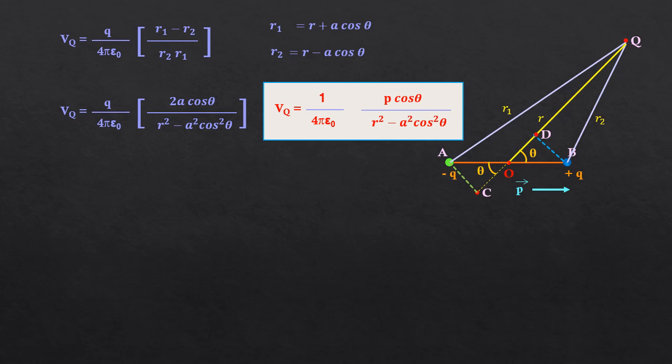Now let's take the two special cases, that is axial line and equatorial line. First we will consider a point Q lying on the axial line of the dipole. When it is the axial line, the point Q lies on the axis, therefore the angle theta becomes 0. So when you substitute theta equal to 0 in the expression VQ equal to 1 by 4 pi epsilon naught, P cos theta divided by r square minus a square cos square theta, cos 0 becomes 1 and cos square theta also becomes 1.